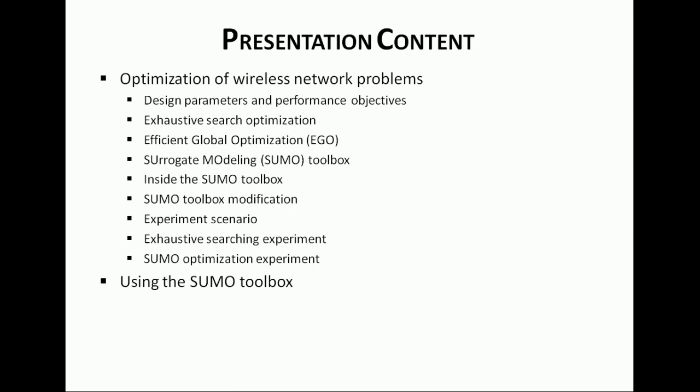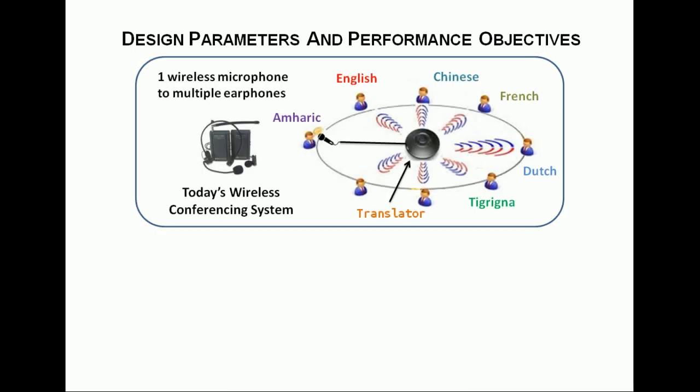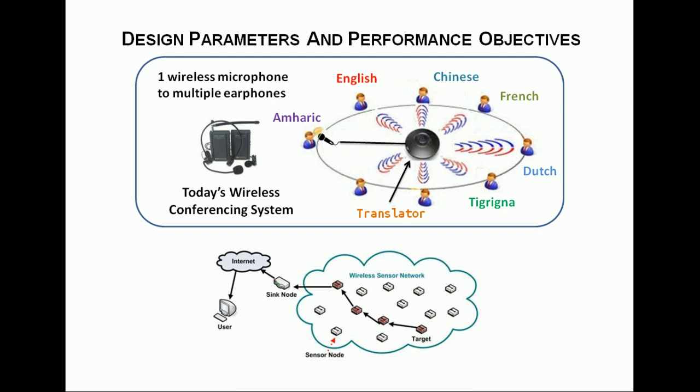Okay, let's start. As an end user, we have specific objectives from the wireless solution we use every day. For example, we might want to have a good audio quality in a wireless conferencing system. Or we might want to spend less energy and at the same time maximize coverage of wireless sensor networks.